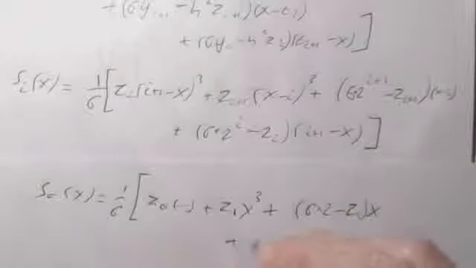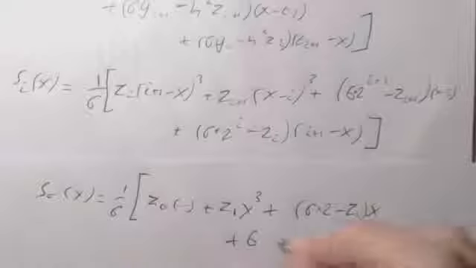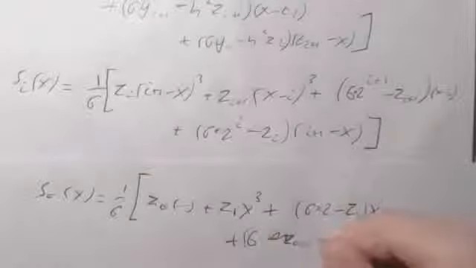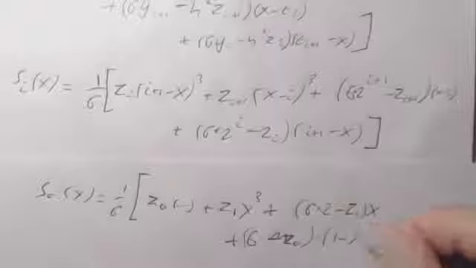Then we have plus 6 times 2 to the 0 minus z0, which is 0. So it's just 6 times (1 minus x).